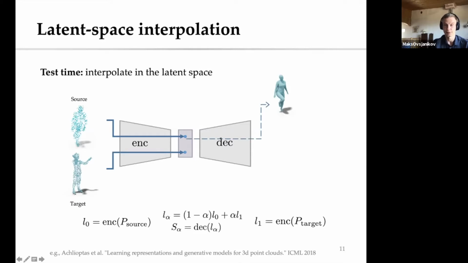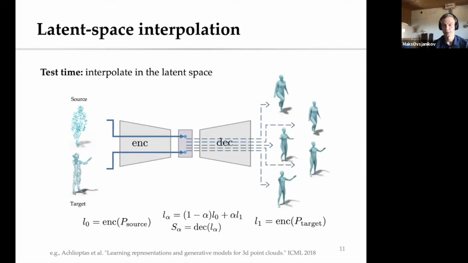These are just vectors in some space, so you can interpolate them easily. Then you can decode, so you construct intermediate shapes simply by decoding the linearly interpolated latent vector, okay? And of course, if you train this properly, you would hope that the interpolated shapes look reasonable or realistic.